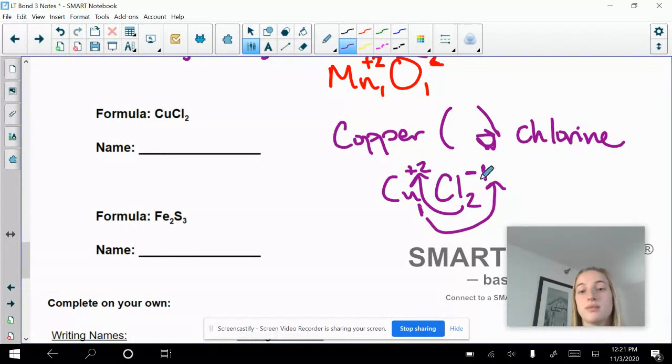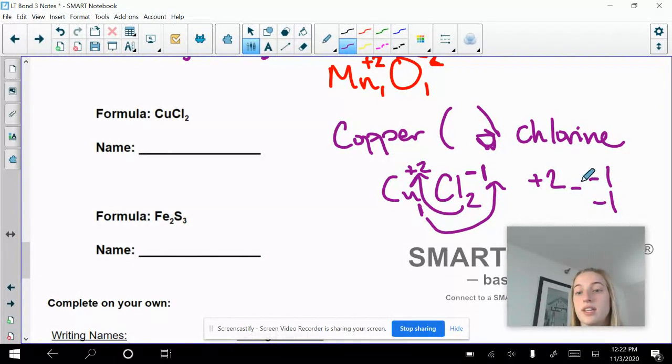So with my crisscross method, I know my -1 and my +2. Same thing as we did when we were writing out the formula. You can check your answer by making sure that our element equals 0. So in this example, I have 1 copper with a +2 charge, and I have 2 chlorines with a -1 charge.